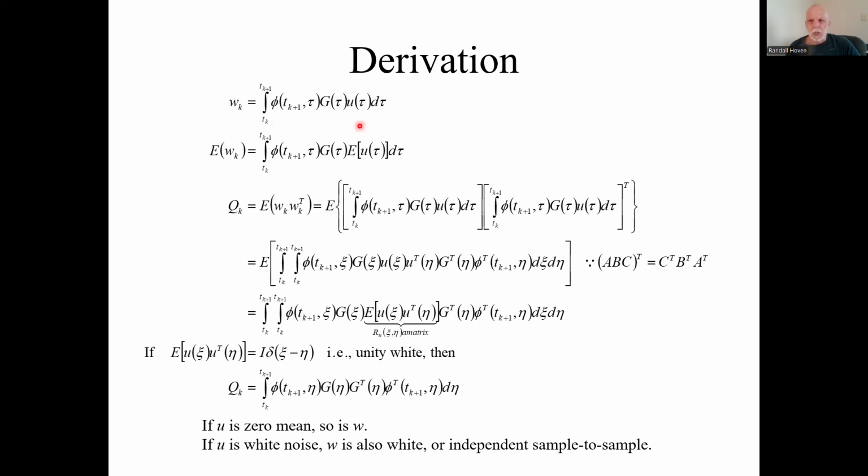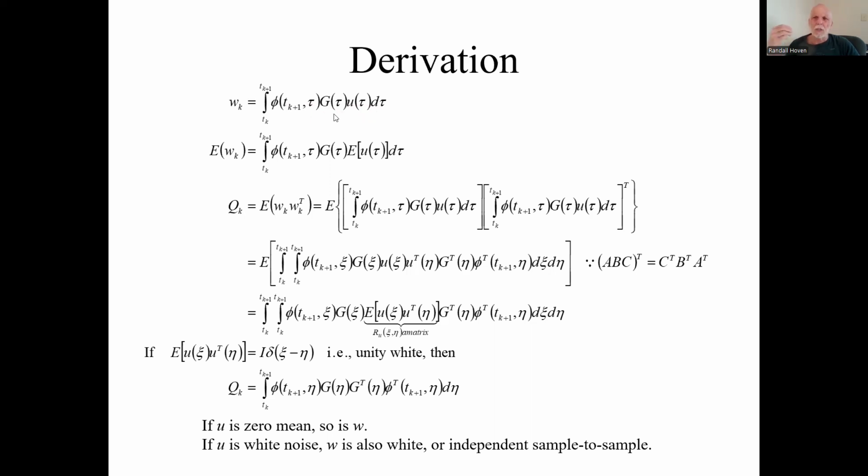Here's what that W sub k was, right? What's its expectation? Mean. Well, it's the expectation of this whole mess. We can bring the expectation operator inside the integral, and the only thing that's random is the input U, not the matrix G or the transition matrix.